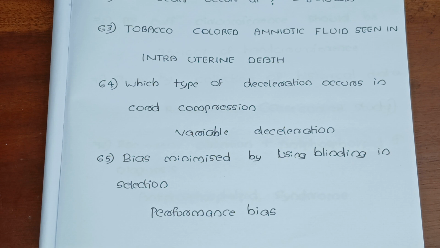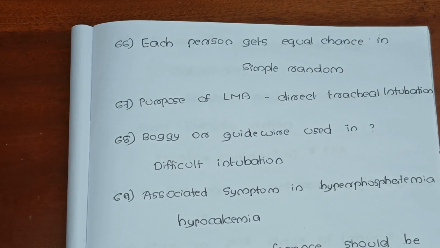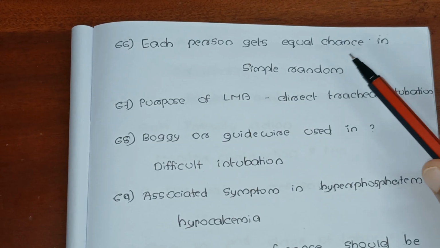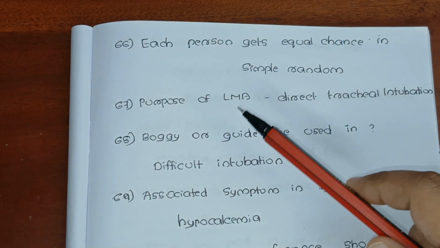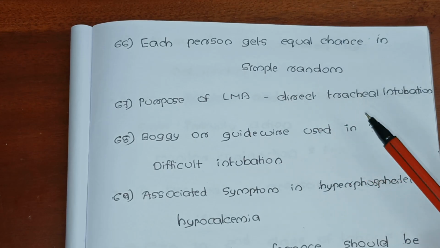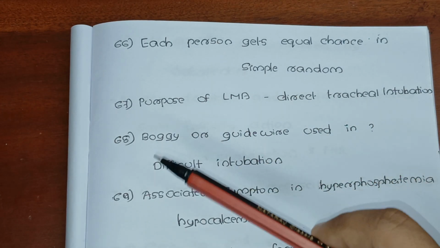65. Bias minimized by using blinding in selection: that is performance bias. 66. Each person gets an equal chance in simple random sampling. 67. Purpose of laryngeal mask airway is direct tracheal intubation. 68.